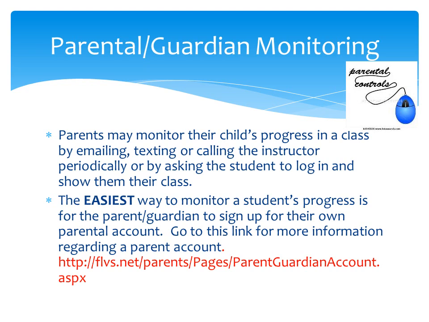Also, a really easy way to monitor your son or daughter's progress in an online course is to sign up for a parental guardian account. The link that I have on this slide right here that's appearing in red is a link that you could copy down and go to and get step-by-step instructions on how to register for a parent guardian account.